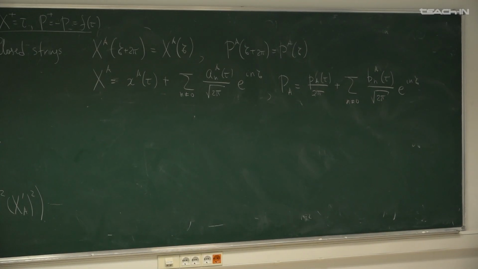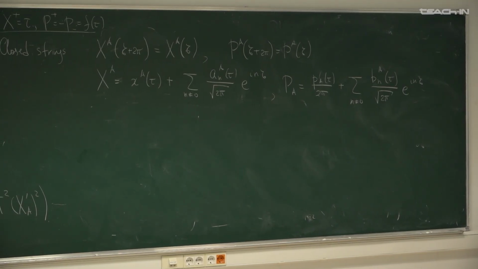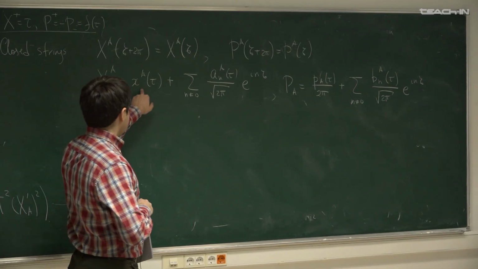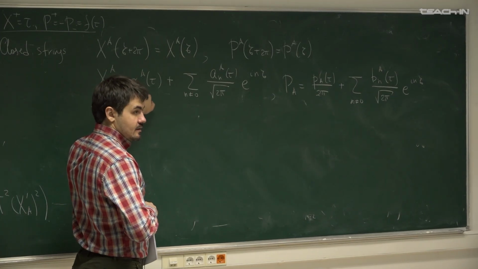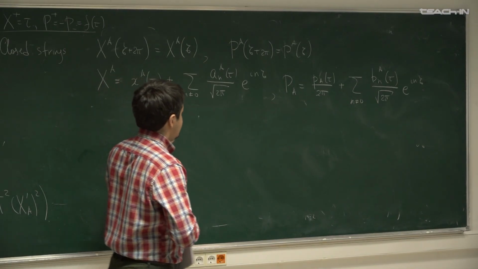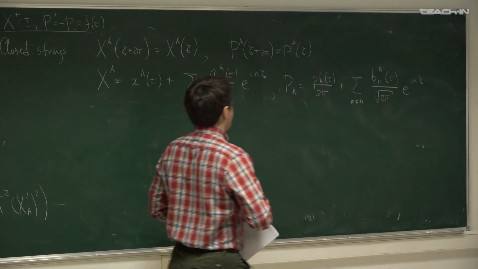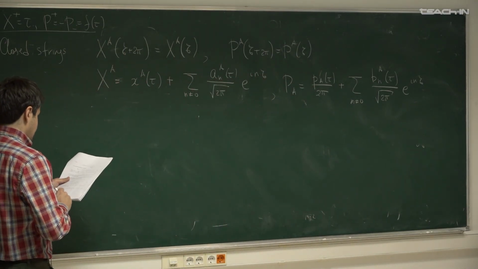So this is just Fourier series. And you see precisely small x^A is the average of capital X^A, and small p_A is the integral of capital P_A.